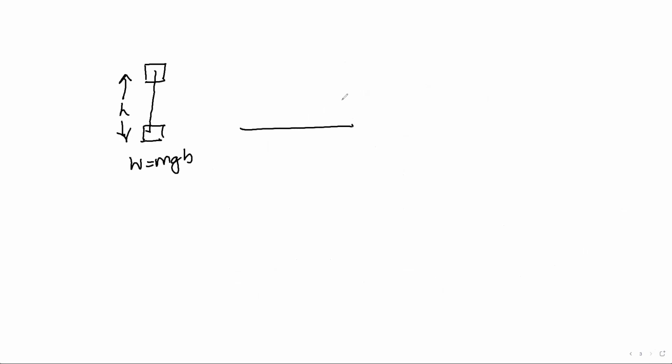The same thing. I am taking a smooth inclined plane where the object is there. I want to lift this to this height, and this height is h. Here, what is the work done?